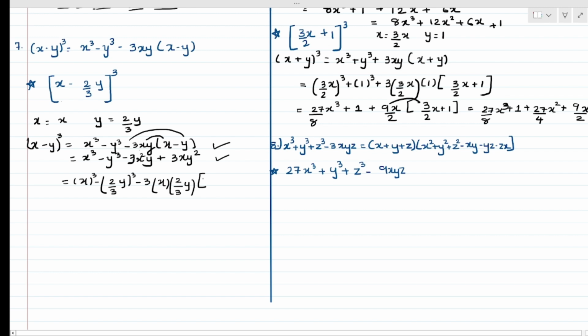And another bracket, you will write x minus 2 by 3y. Now, let's solve this. X cube stays, then minus 2 cube means 2 twos are 4 and 4 twos are 8, by 27 y cube, minus.